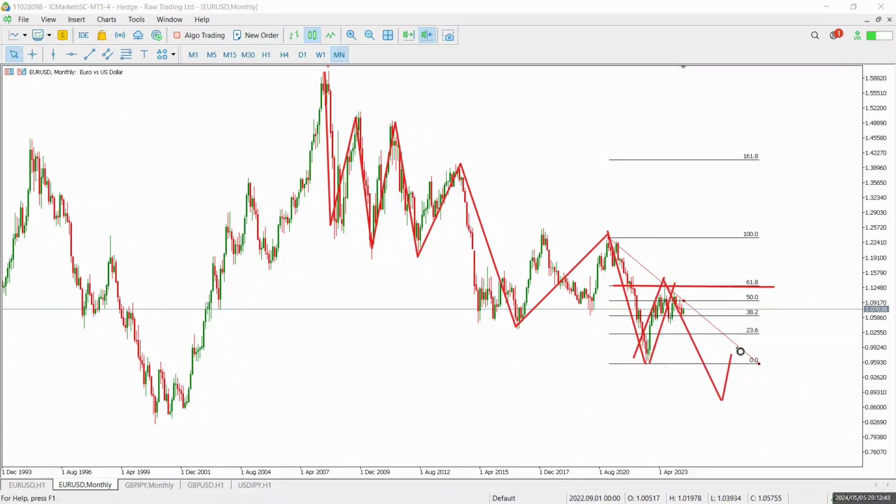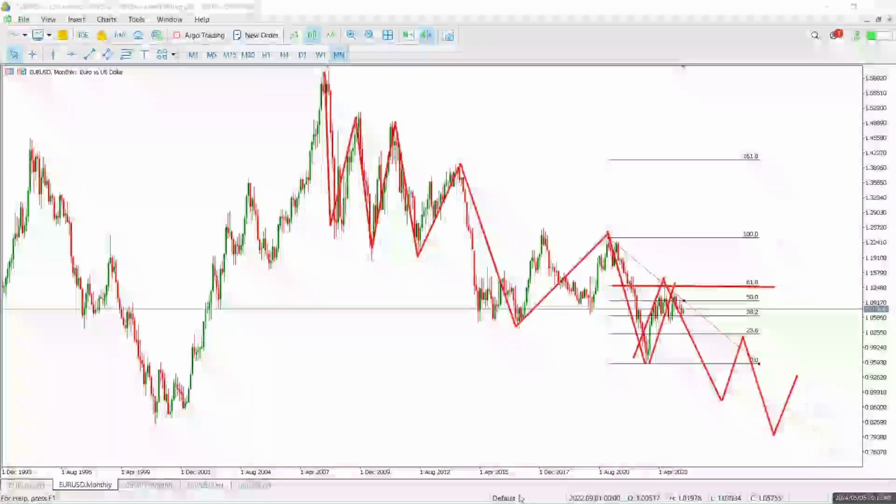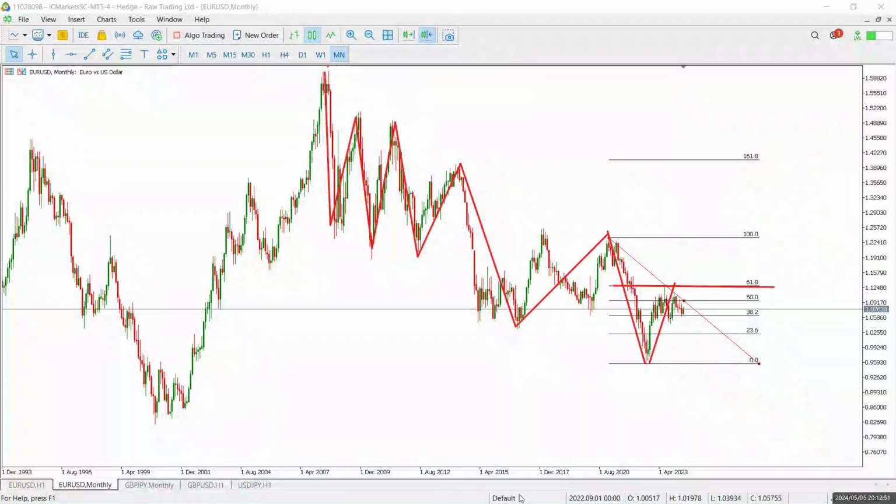And eventually price will keep moving in wave patterns on consecutive bearish structures of lower highs and lower lows, because the monthly has shown us that price is bearish. And we've clearly seen price hit a key reversal area like the 61.8, and we know that 61.8 can trigger a break of the bullish structure.